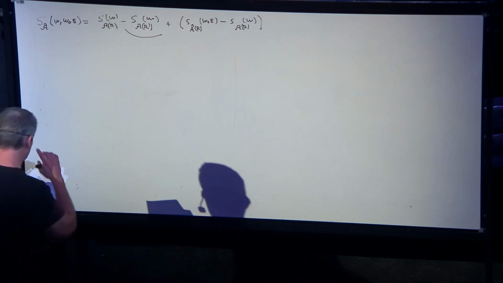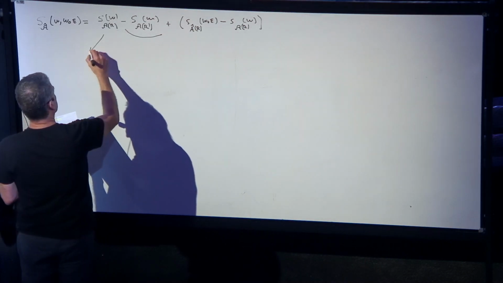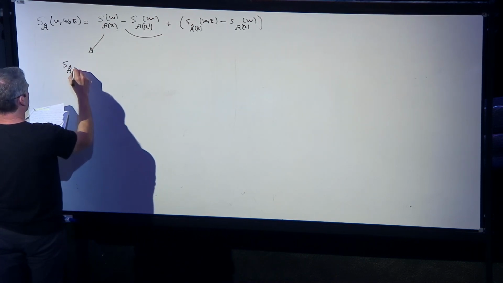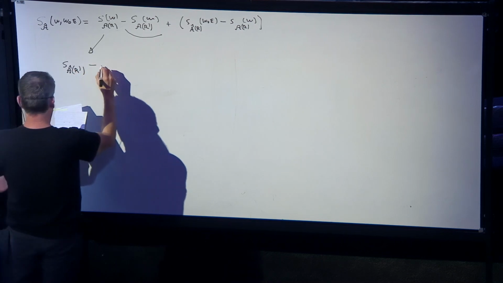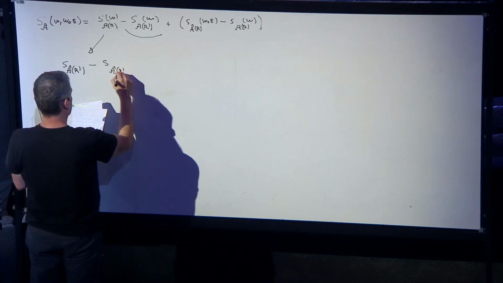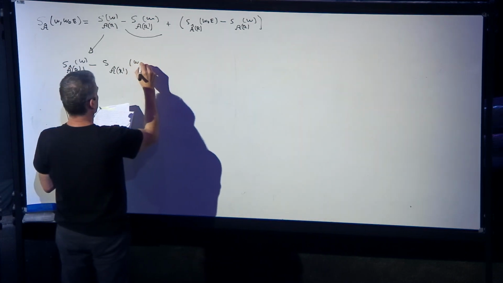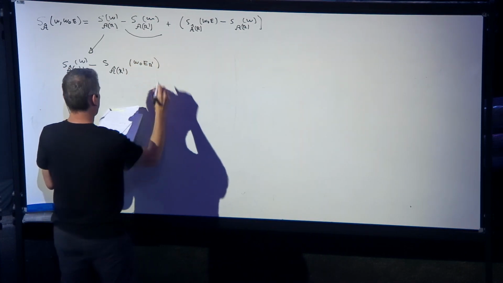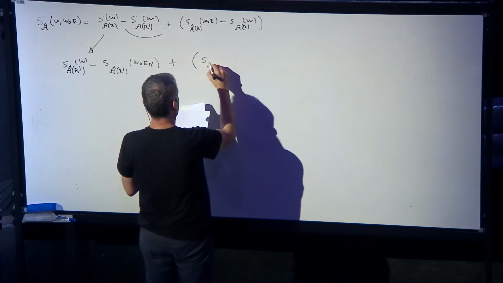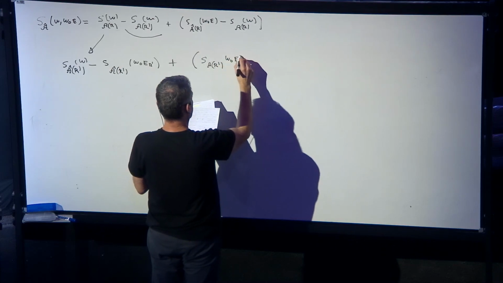And then I will do the same again. This I will replace by S of A maximal of R prime of omega minus S of A maximal of R prime of omega composed with the conditional expectation, plus S of A R prime of omega composed with conditional expectation R prime.